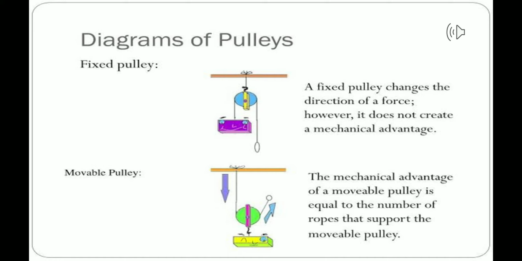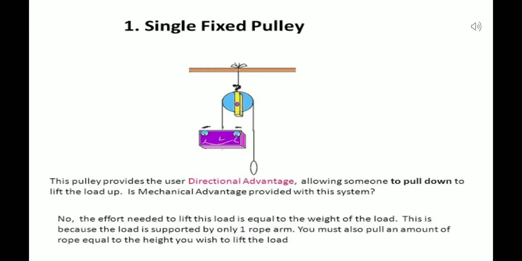Now, single pulley. We'll move further about the single pulley. In single fixed pulley, as I mentioned, it is used to change the direction of effort to a convenient size. This pulley provides the user directional advantage, nothing else.